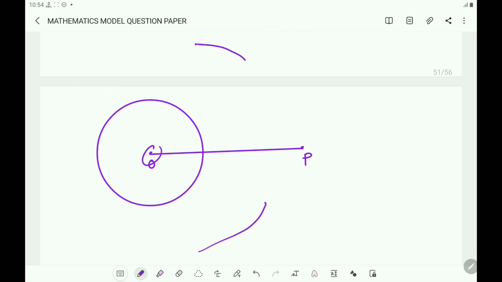With the same radius, with P as center, cut the previous curves. Then you will get a perpendicular bisector.